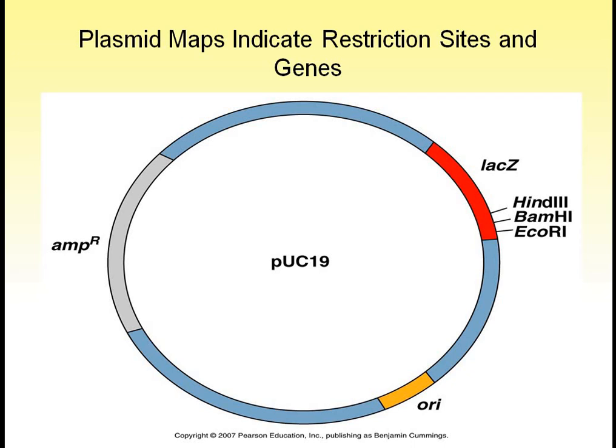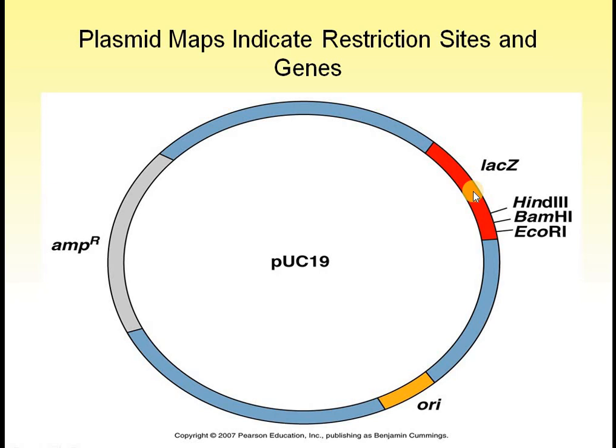So this is an ideal structure of a plasmid vector. It is an example of a plasmid vector, the pUC19 vector. You can see it has different regions. It will have ORI, meaning origin of replication, so it has a site for the origin of replication.